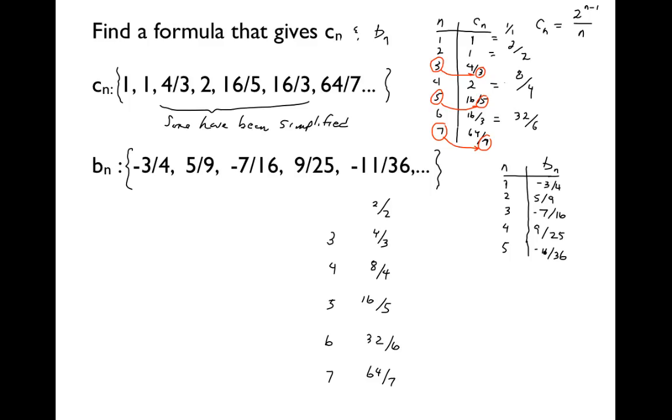And that's kind of like the last one we had, right? What was it, 2n minus 1? Is this 2n minus 1? No, not quite. It's kind of like it, but it's not, because 2n minus 1 would have been 1, 3, 5, 7. So how can we adjust that? 2n minus 2?